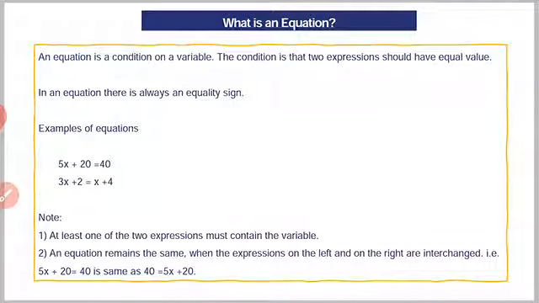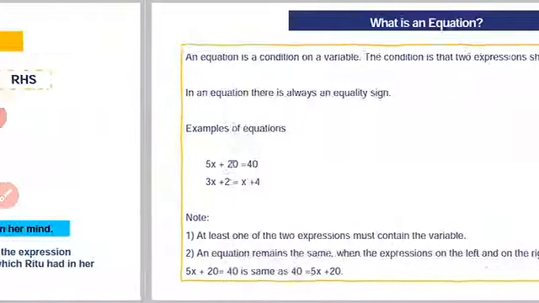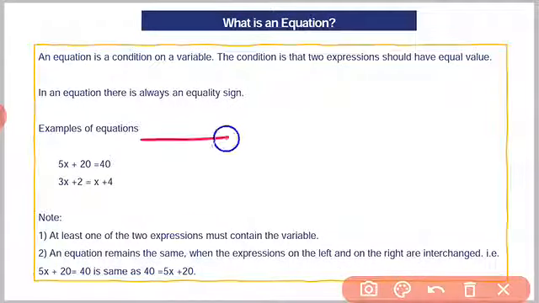So what is an equation? An equation is a condition on a variable. The condition is that two expressions should have equal value. Means expressions on the left hand side and right hand side must be equal. In an equation there is always an equality sign.